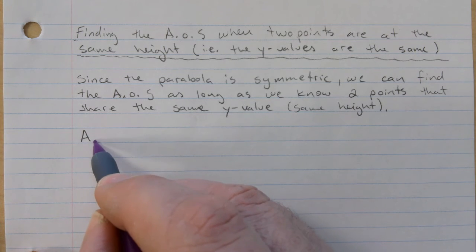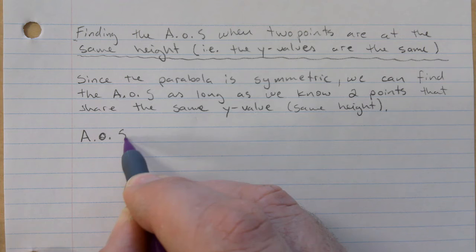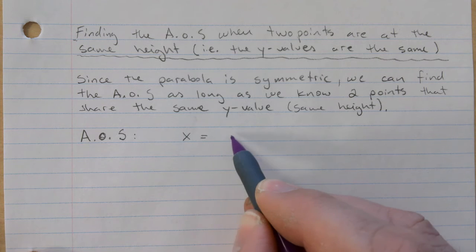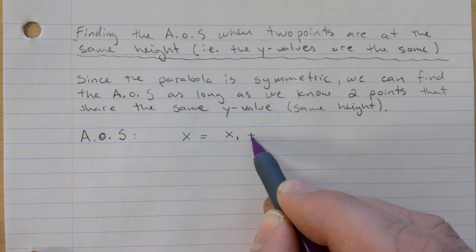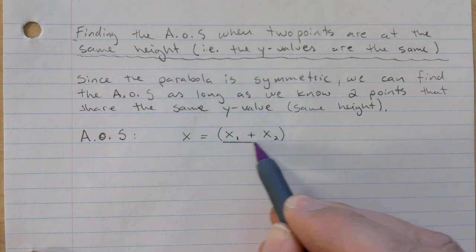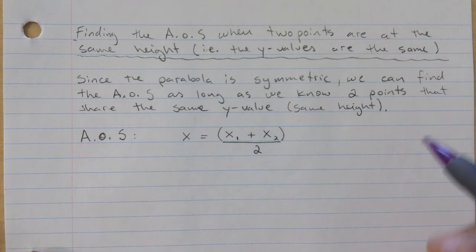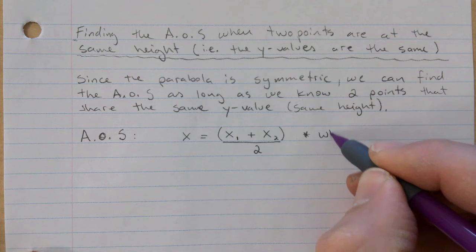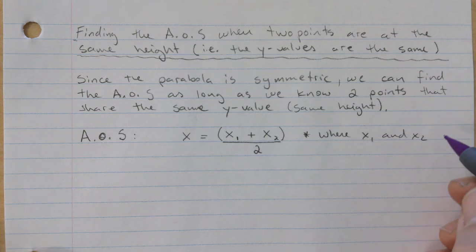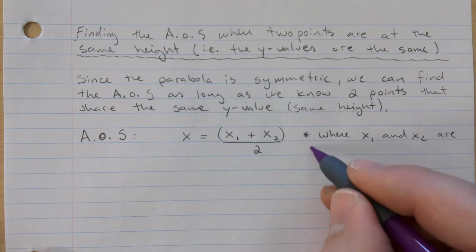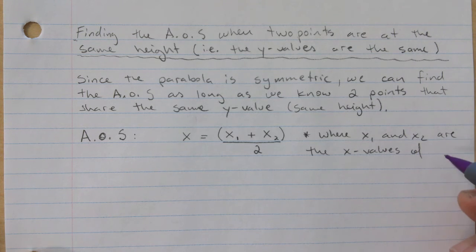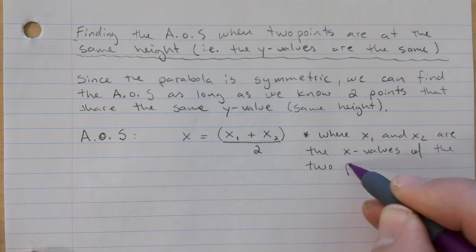So the axis of symmetry, if you're trying to find it without a graph, is going to be x is equal to (x sub 1 plus x sub 2), in brackets, divided by 2, where x1 and x2 are the x values of the 2 points.